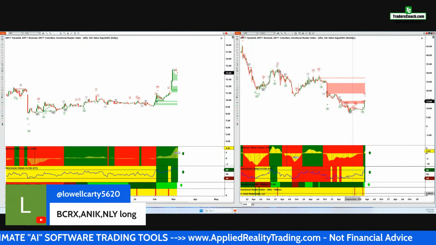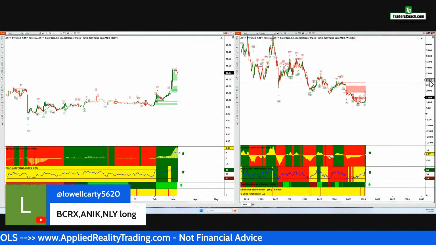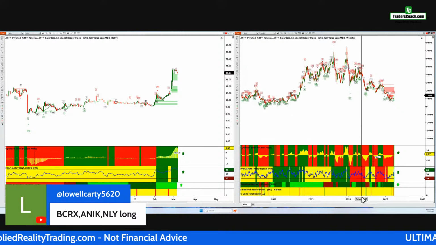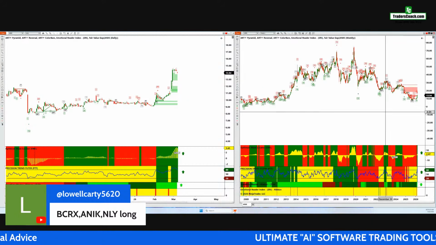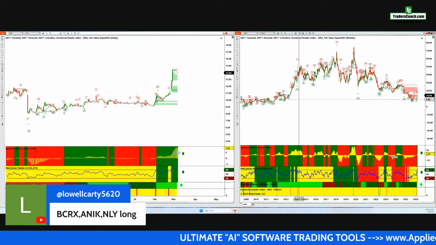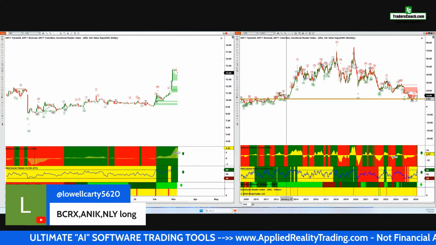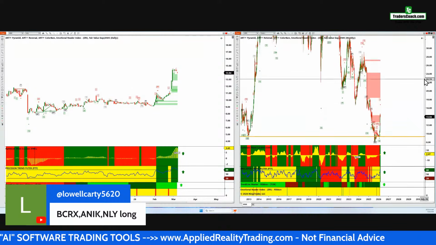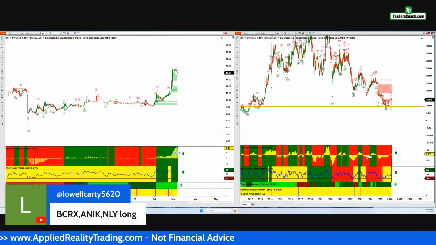Oh boy, this could be a big one here. I'm just figuring out the target on this. Give me one second. It just took out liquidity here. Beautiful. Notice the big move off. A couple of things here.